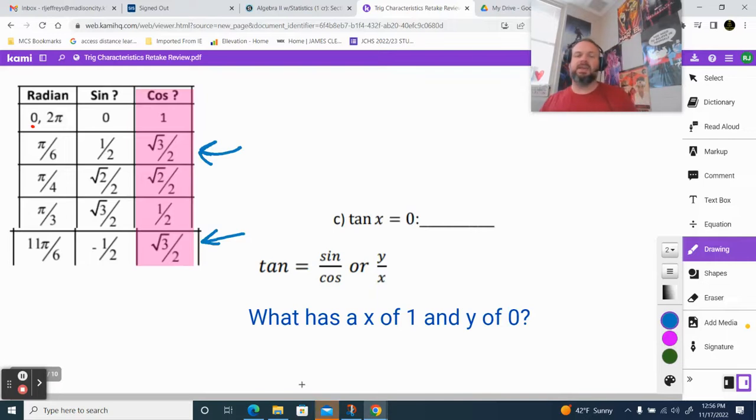Now, that means we have to think what has an x of 1 and a y of 0. 0 and 2 pi.